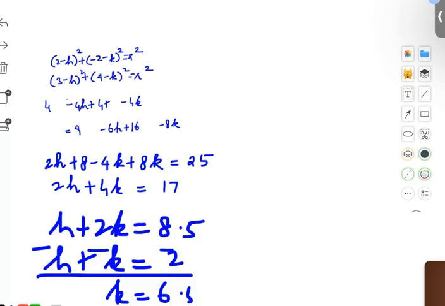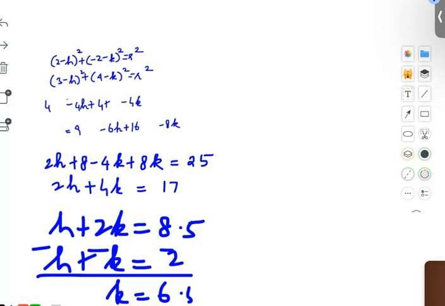This is also not correct. k is 1.3, I'm getting 6.5. Minus 6h plus 4h minus 4h, right? 4 minus 4k.